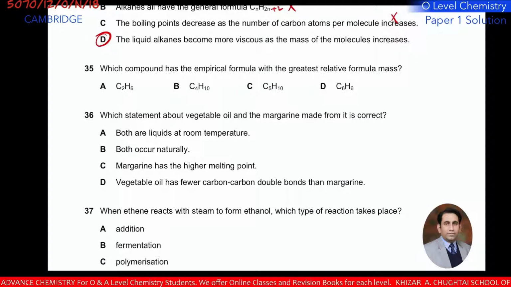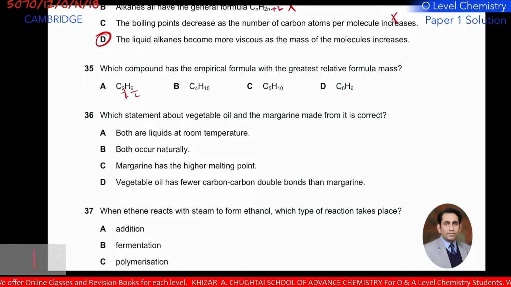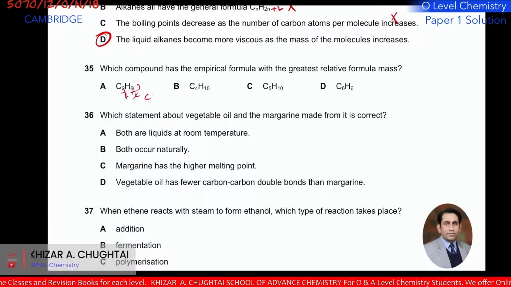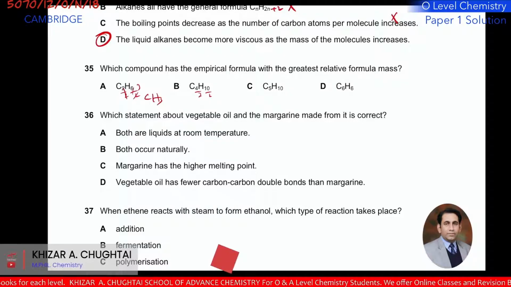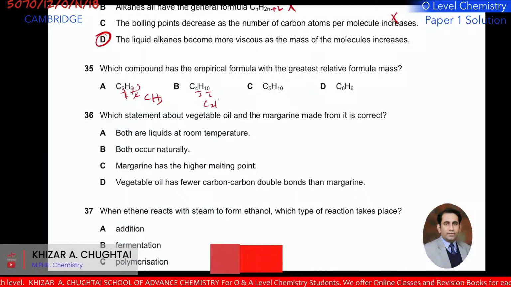Question number 35. The compound has the empirical formula with greatest relative formula mass. Divided by 2, divided by 2, 1:3, CH3. Divided by 2, divided by 2, C2H5.